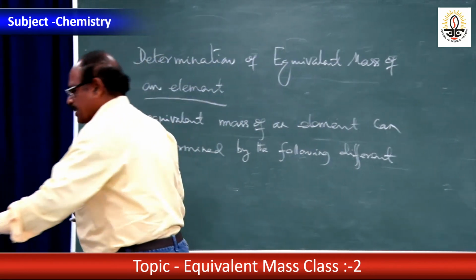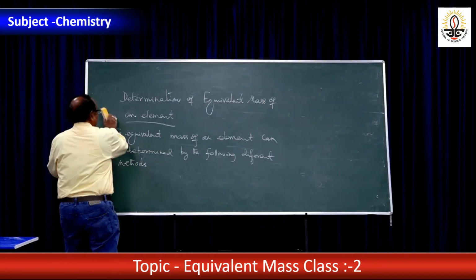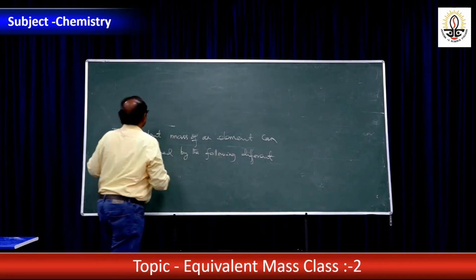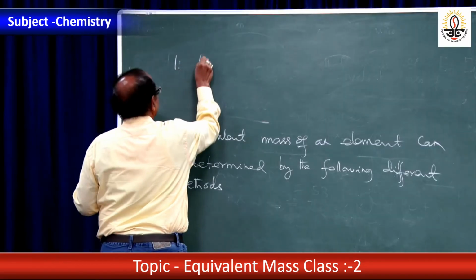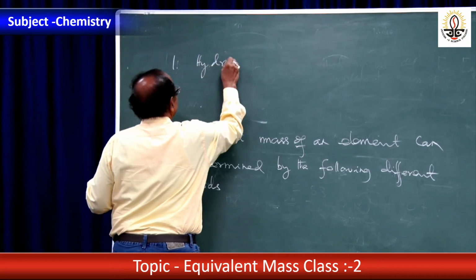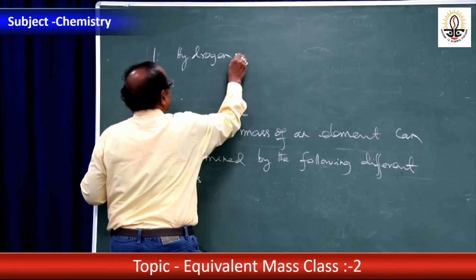So when you look at the definition, automatically the methods we can adopt come to our mind. First is hydrogen, displace hydrogen. So the first method for determination is the hydrogen displacement method.